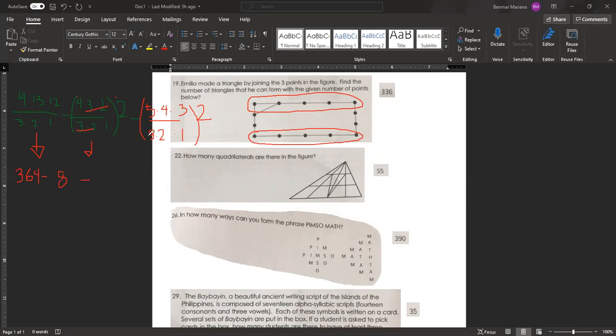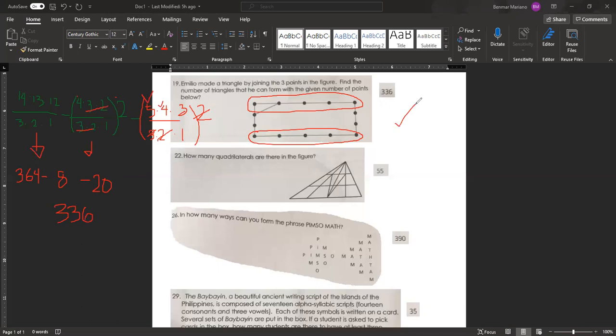Minus, we can cancel out 3, we can cancel out 2. So 5 times 4, that is 20. So solving for this, 364 minus 8 minus 20, and that would be 336. So that's how we do number 19 if in case you encounter this one.